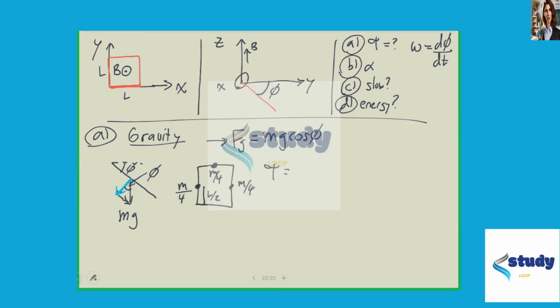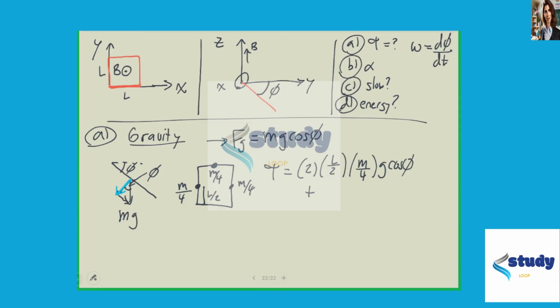So now we can calculate the torque. Remember, torque is basically distance times force. So for the two sides, this one and this one, the distance away is L over 2, and then the gravitational force is m g cos phi, where m is m over 4. So m over 4 g cos phi. And then we also have the top part, that's that one.